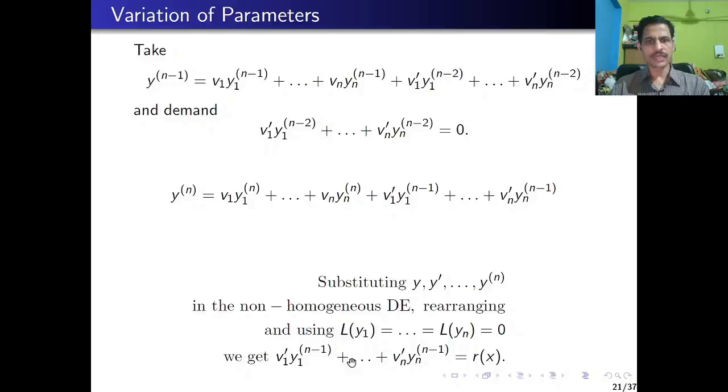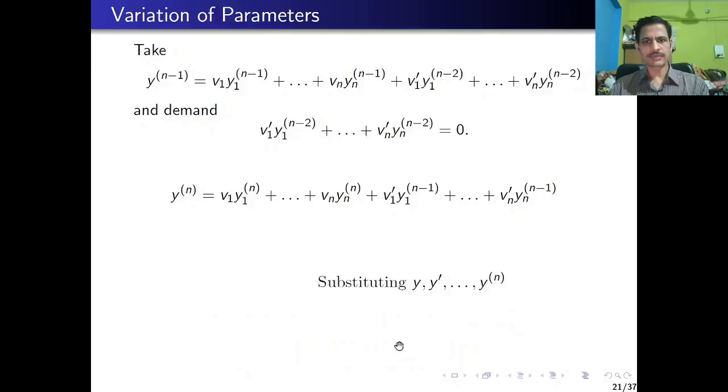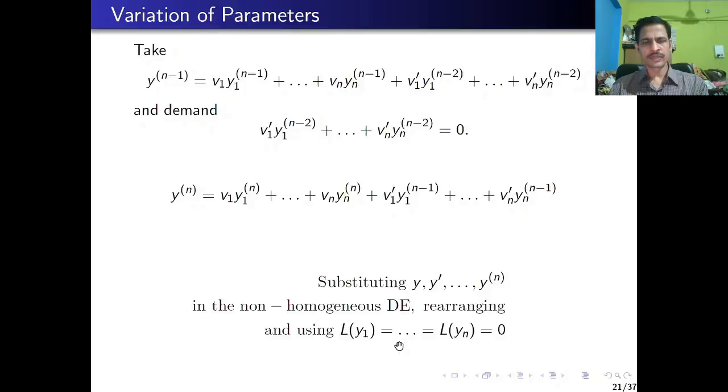So we get that y1 prime times the (n minus 1)th derivative of y1 plus dot dot dot plus yn prime times the (n minus 1)th derivative of yn is equal to r(x). This is a similar simplification to what we got for the second order case.